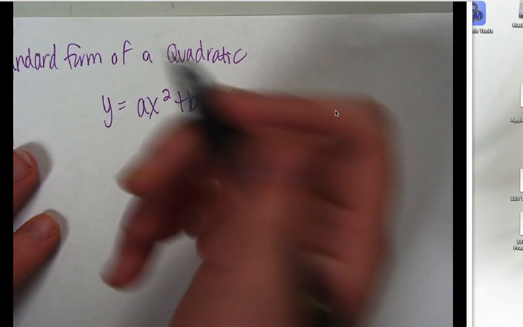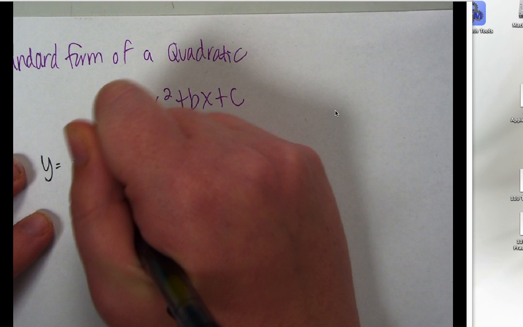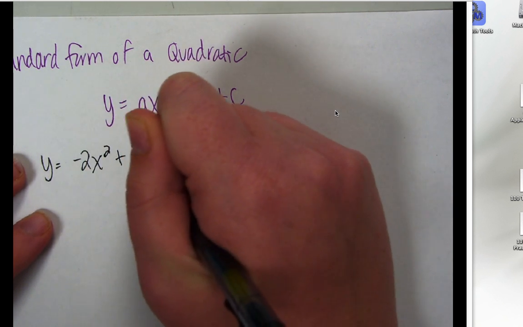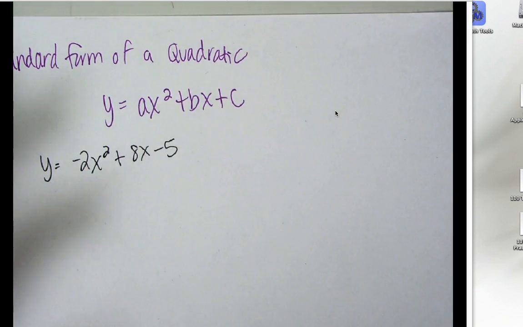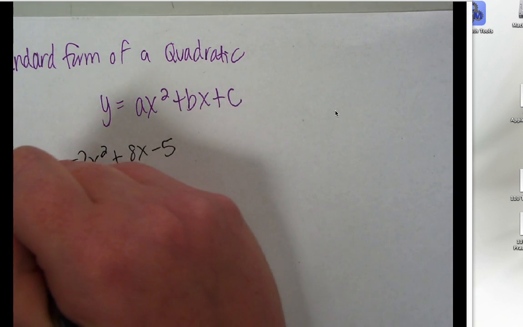Okay, let's say we have the equation y equals negative 2x squared plus 8x minus 5. And we're asked to graph this quadratic, find its key features, and take a look at it. So let's start with finding the axis of symmetry.